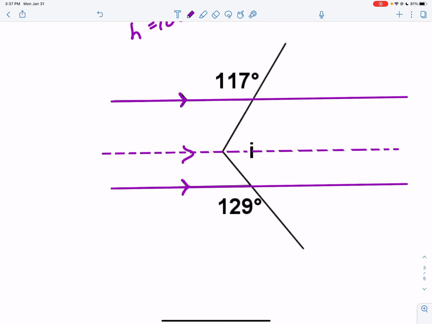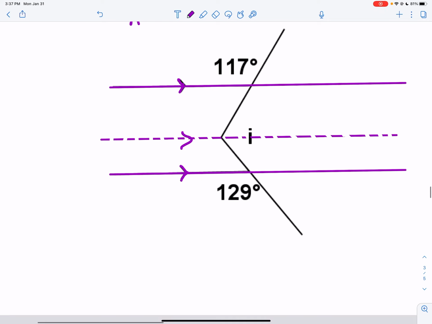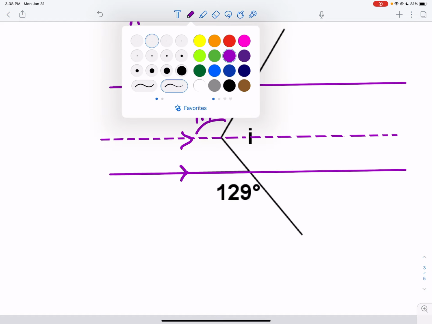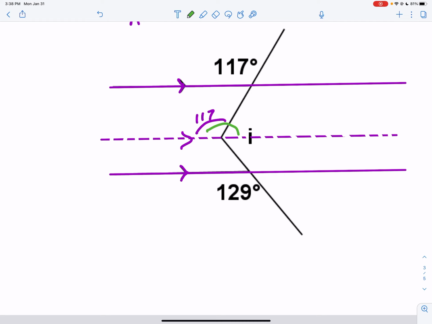So let's look at the top solid line and the aux line, the auxiliary line. So in this case right here, we can say, all right, well, let's see. These are corresponding angles. So this is 117. And then these both must add up together to be 180.